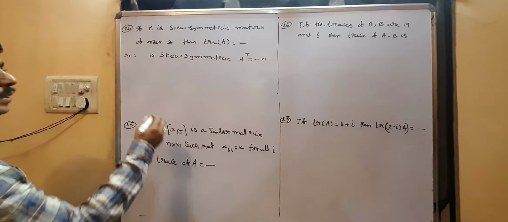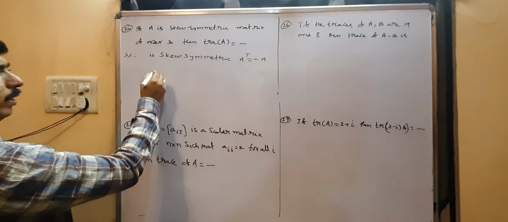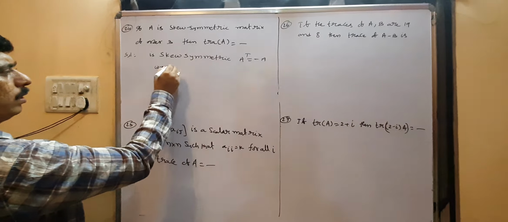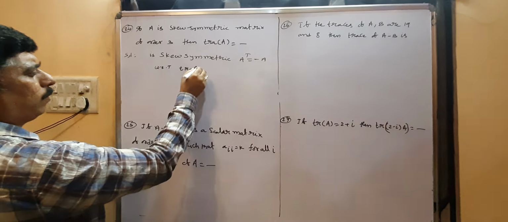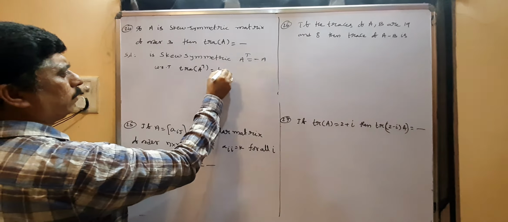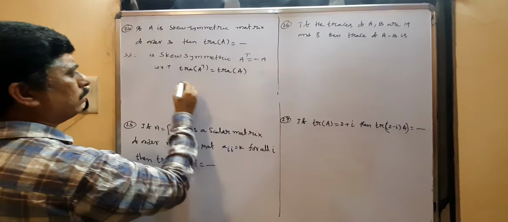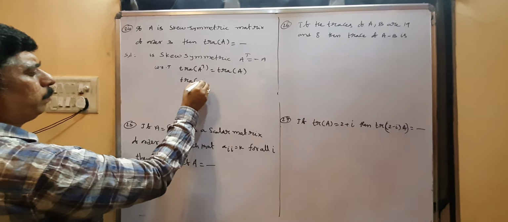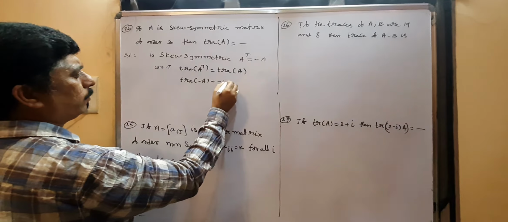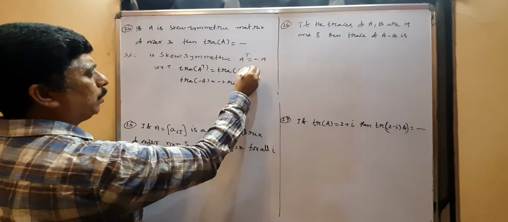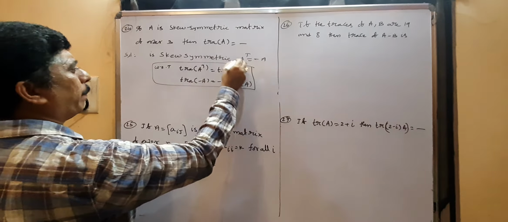Otherwise, you can take trace of A transpose is trace of A. We know that trace of A transpose equals trace of A, and trace of minus A equals minus trace of A. By using these 2 points, you can apply this.